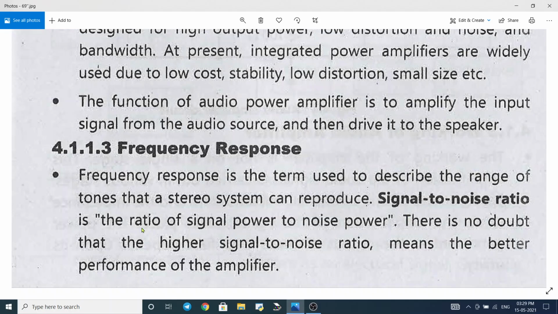The signal to noise ratio is the ratio of signal power to noise power. Higher the signal to noise ratio means better performance of the amplifier. So while designing the circuit, we have to consider its frequency response and signal to noise ratio.